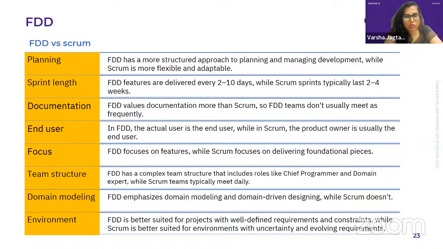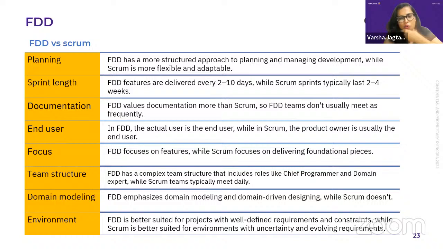That we have discussed. Team structure. So FDD, as I said, would be required for more complex assignments than Scrum. So it has a team structure like chief programmer and domain expert, while a Scrum team generally has a delivery team. Okay. So, domain modeling. FDD emphasizes domain modeling and domain-driven design, while Scrum doesn't.